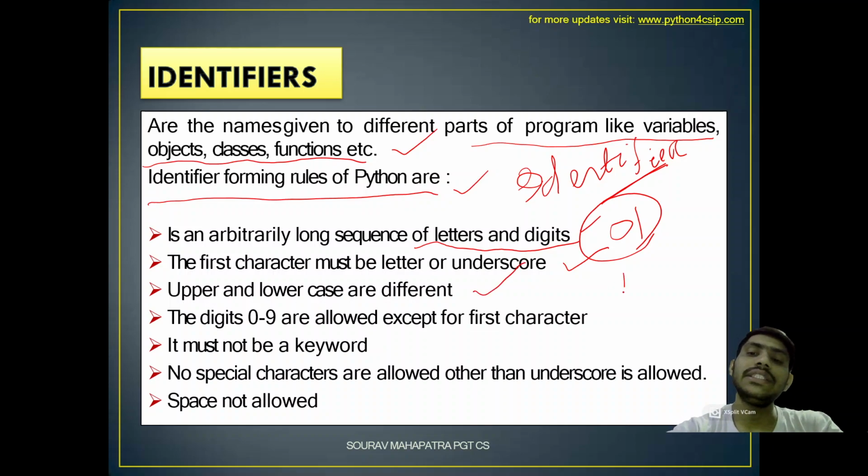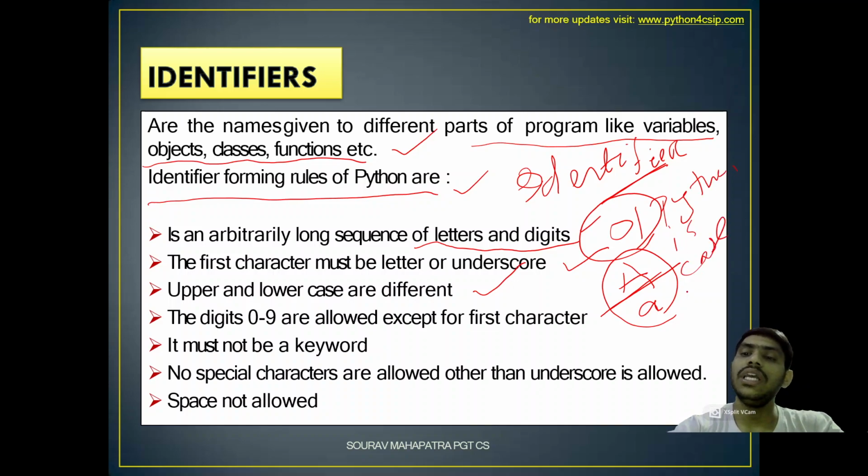If you write capital A and small a, they are different because Python is case sensitive. Remember it. The digits 0 to 9 are allowed except for the first character. You can use a digit, but it should not be the first character.